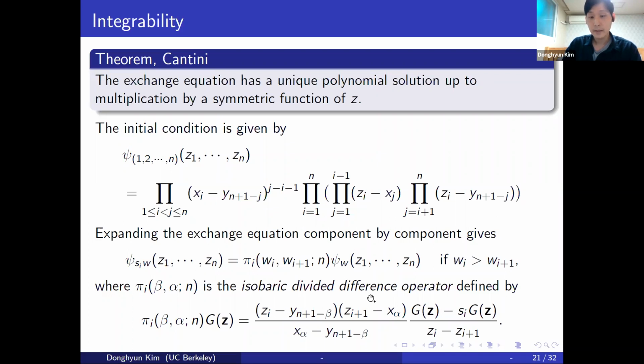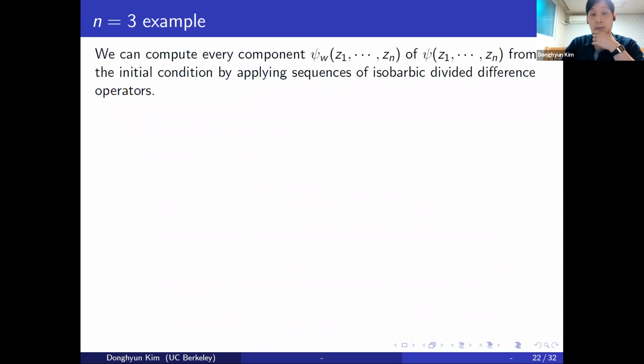The isobaric divided difference operator looks like our usual divided difference operator in z variables, multiplied with some factor. And the nice thing is that we can compute every component of psi of W from the initial condition by applying sequences of isobaric divided difference operators.